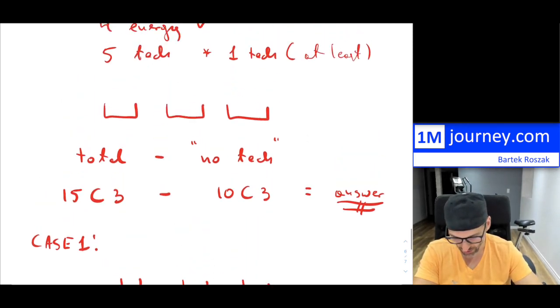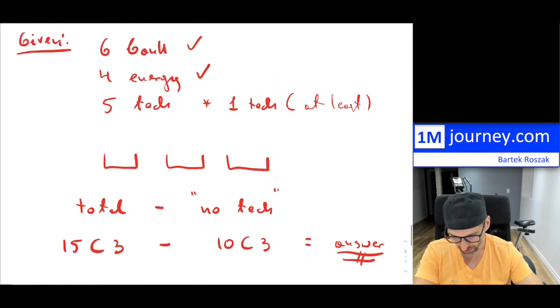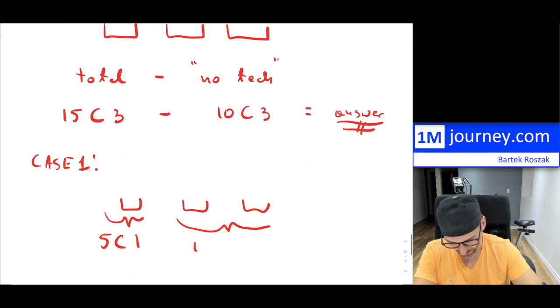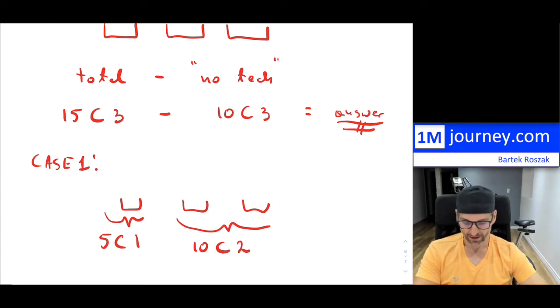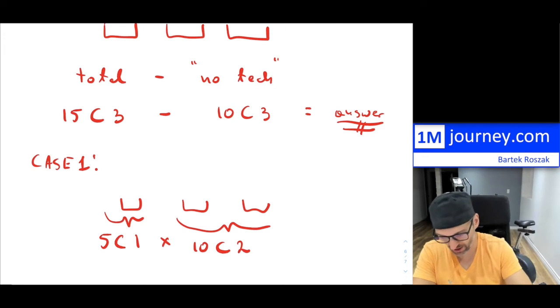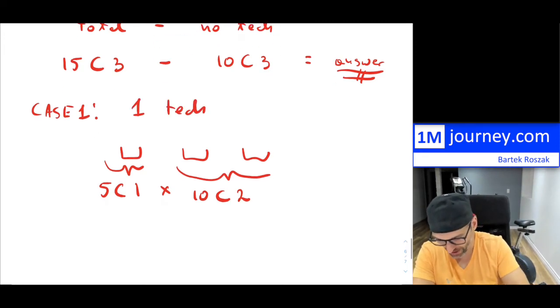It leaves you with 10, so 10 choose 2. That's the remaining ones that you can do. You're going to have to multiply this out to find out. That's with 1 tech stock.